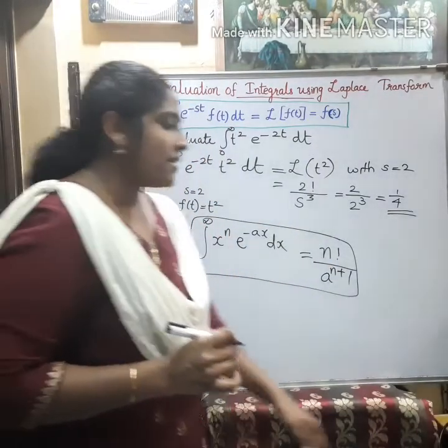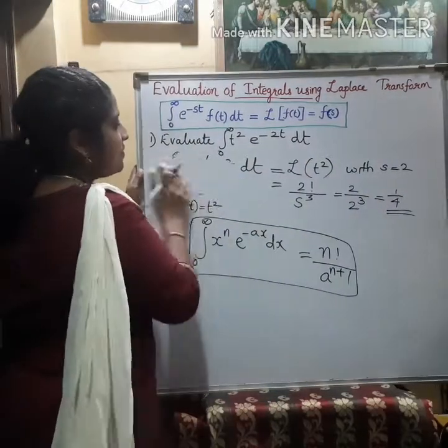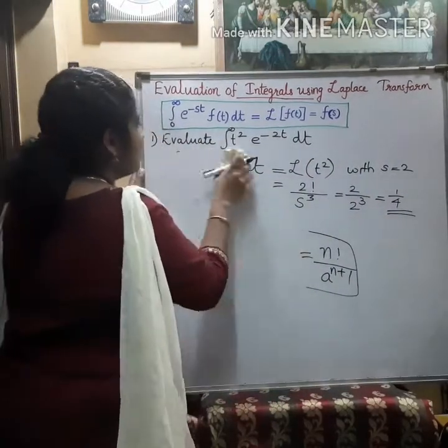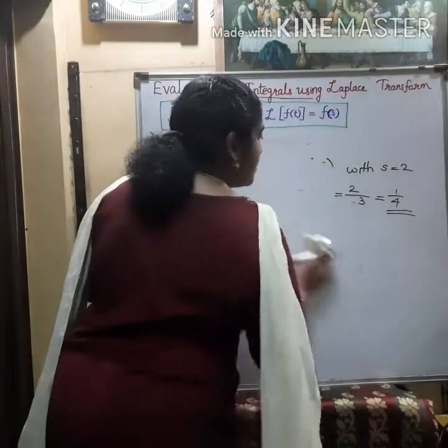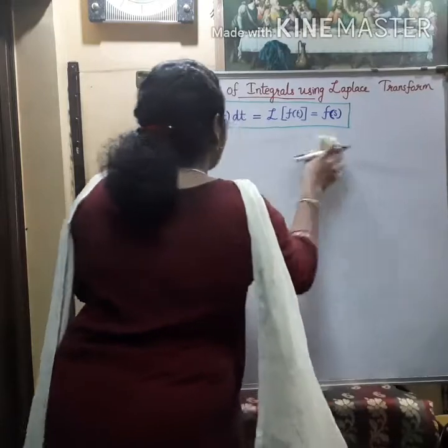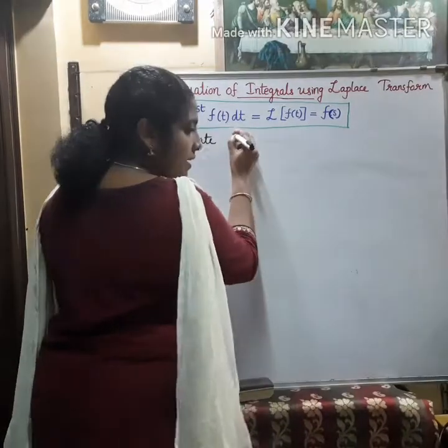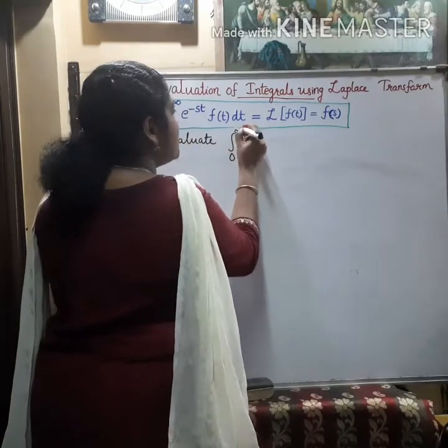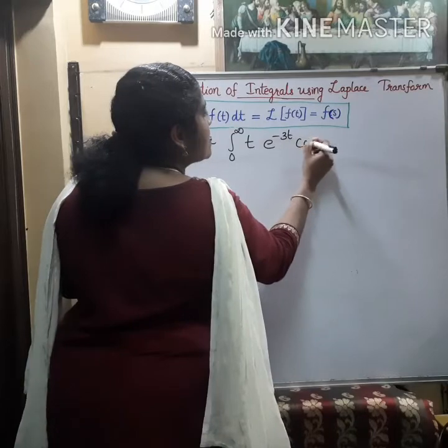Now we can see the second question. Evaluate the integral from 0 to infinity of t e raised to minus 3t cos t dt.